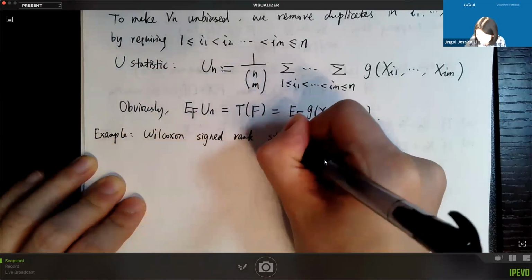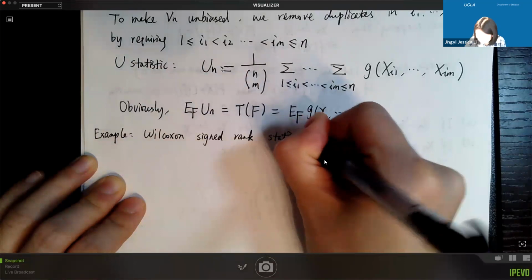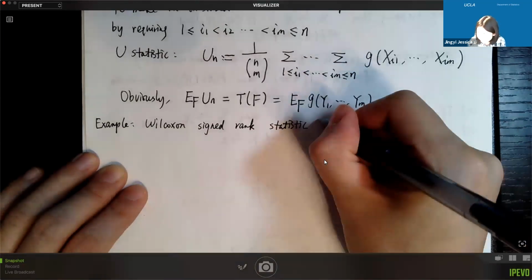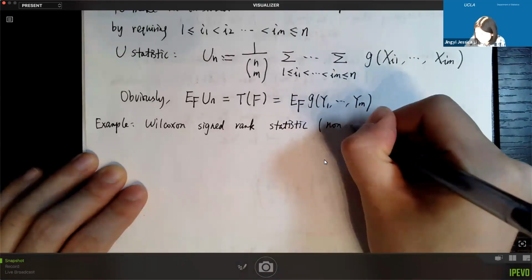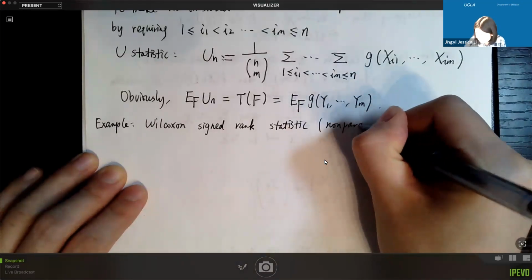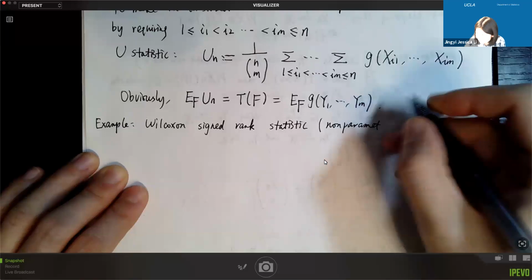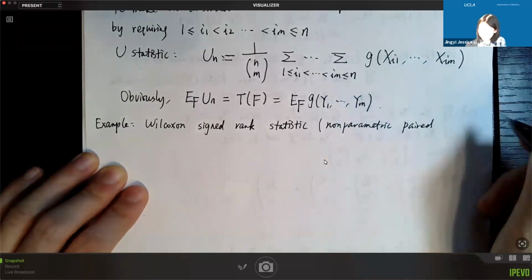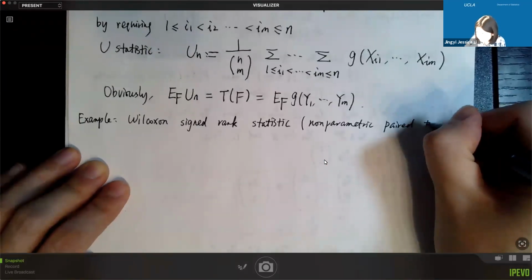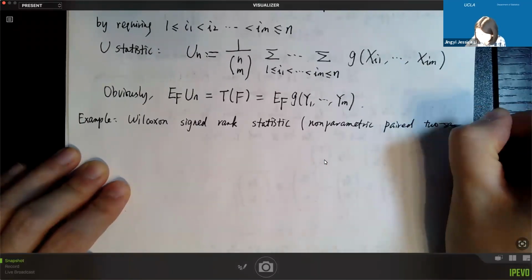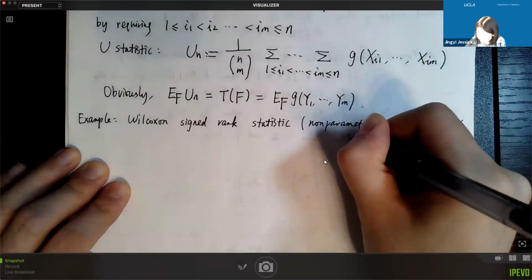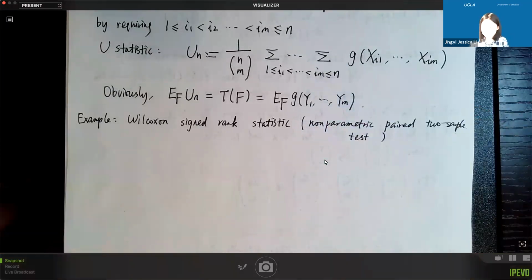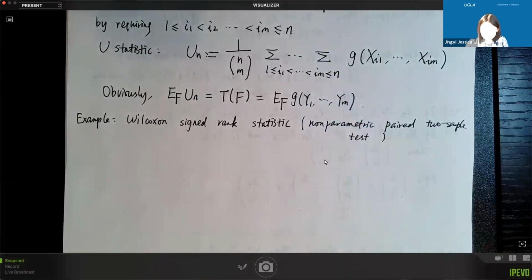This is something quite widely used. It can be considered a non-parametric paired two-sample test, and it has a similar purpose to the paired two-sample t-test.